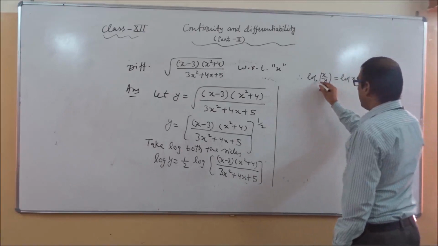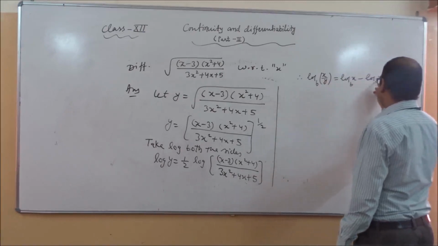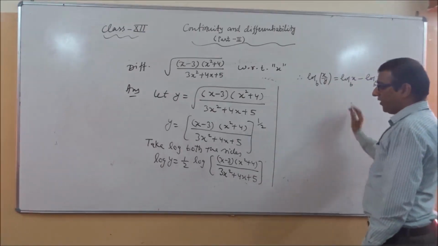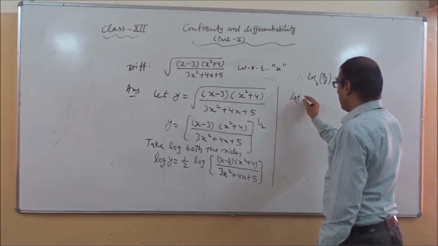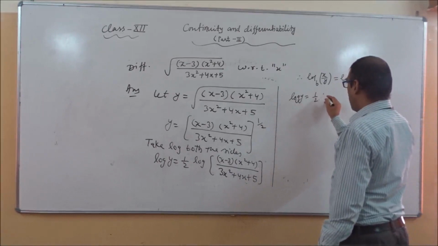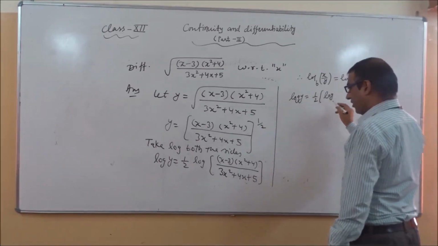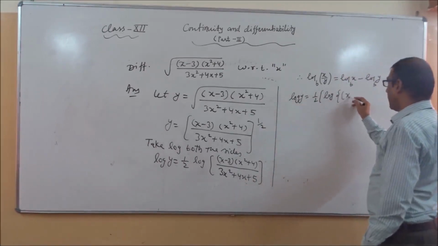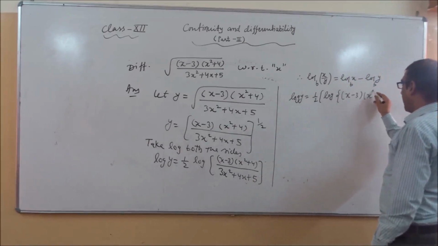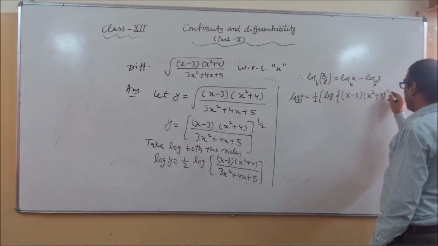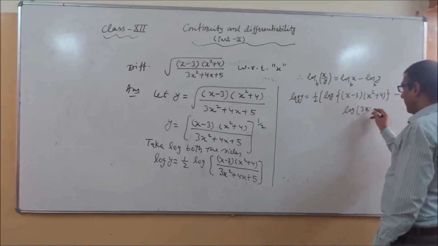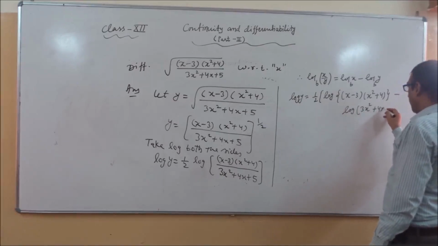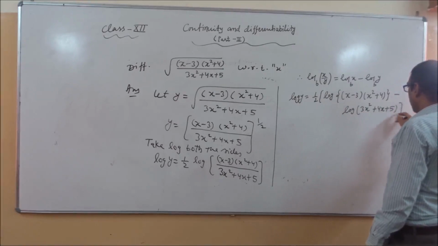We will apply the same concept on the right hand side. So it becomes log y equals half log x minus 3 x square plus 4 minus log 3x square plus 4x plus 5.